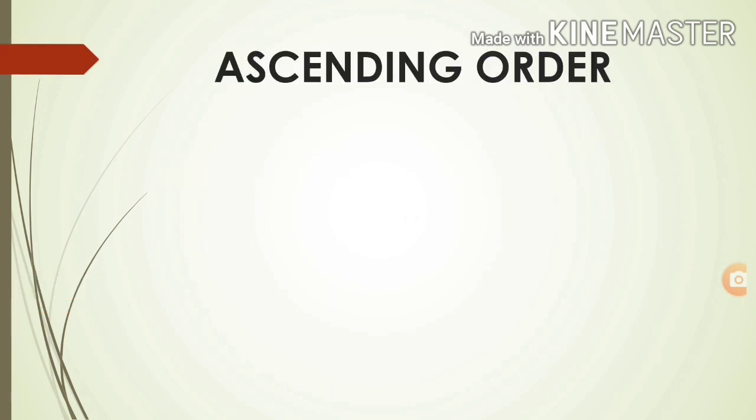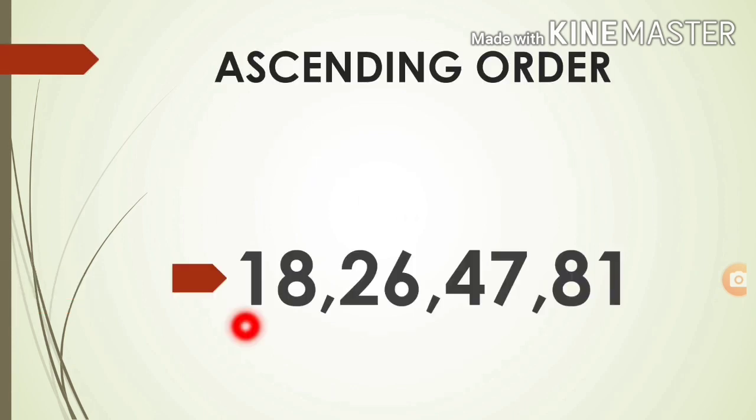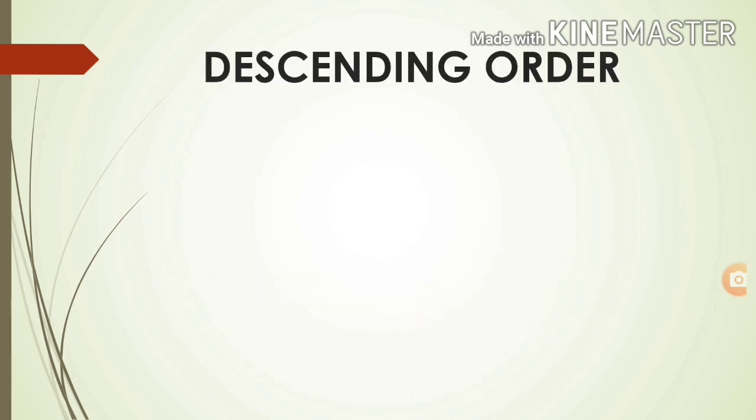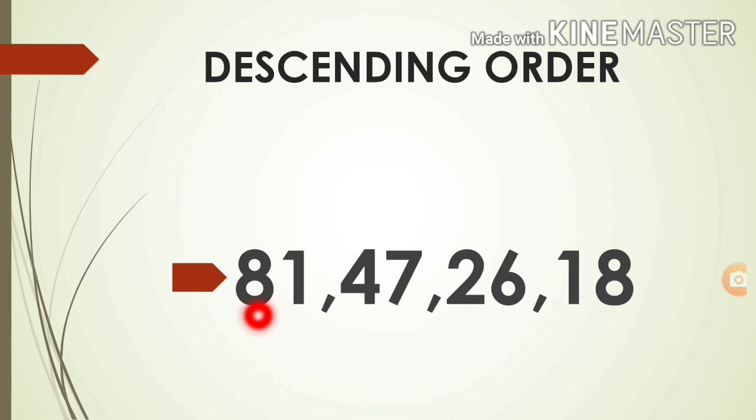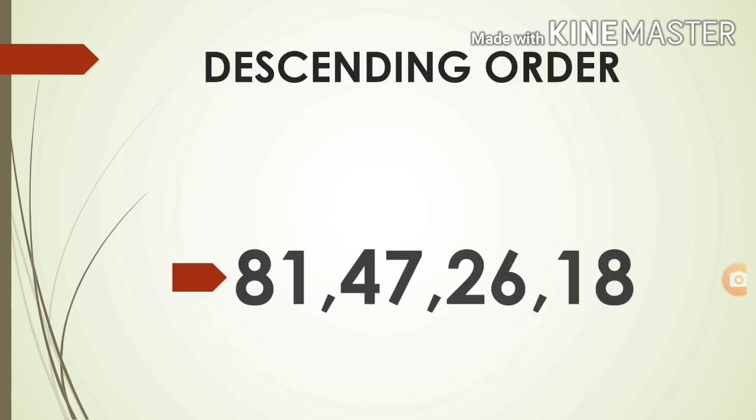Here the ascending order is 18, 26, 47 and 81 and the descending order is 81, 47, 26 and 18. Here the ascending order is contrary to the descending order. Contrary means the opposite: the opposite of ascending order is descending order.